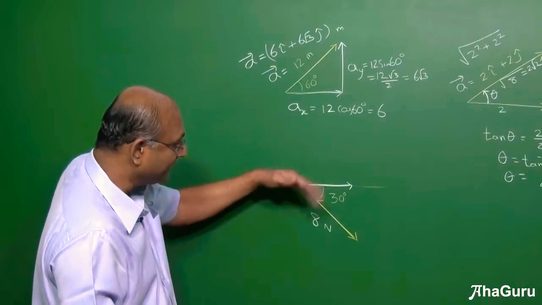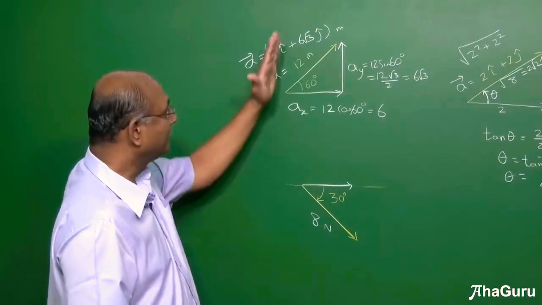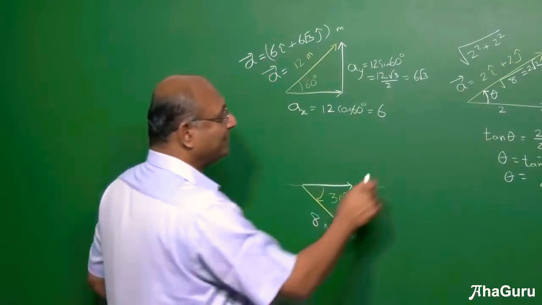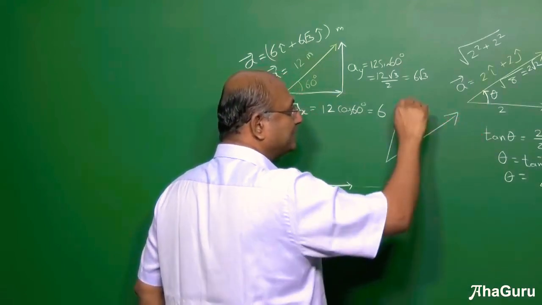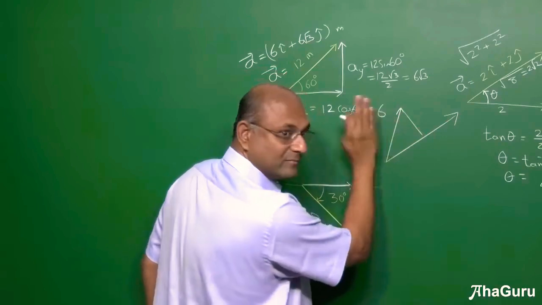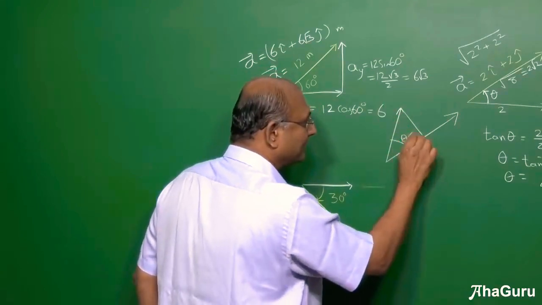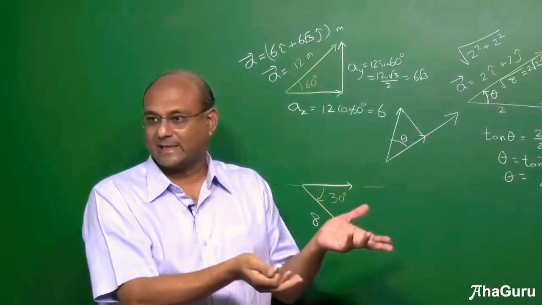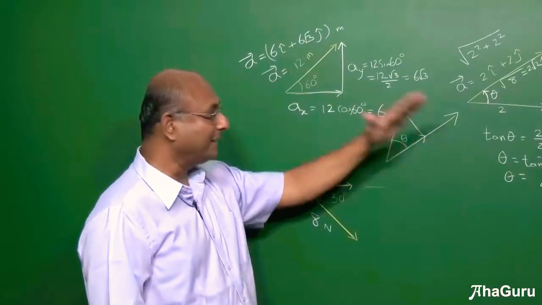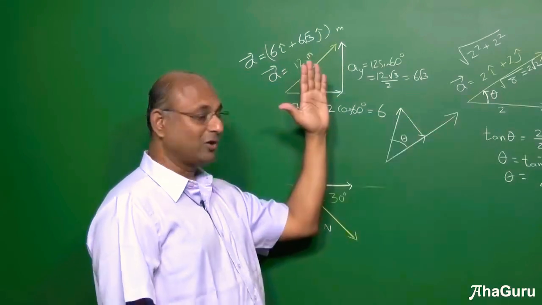If I am bending it this way, this angle is theta. If I bend it this way, this angle is theta. In fact, if you thought this was the x-axis and you bend it like this, the angle would be theta. You don't know what direction the x-axis is. The x-axis can be like this, can be like this. Usually we call this the y-axis.